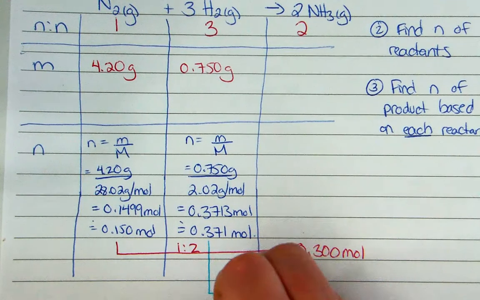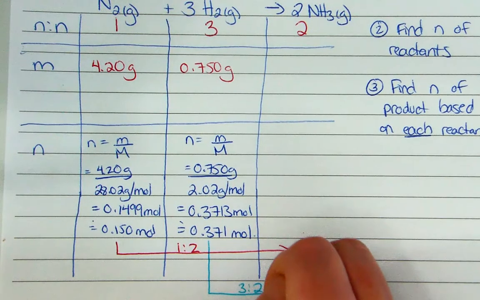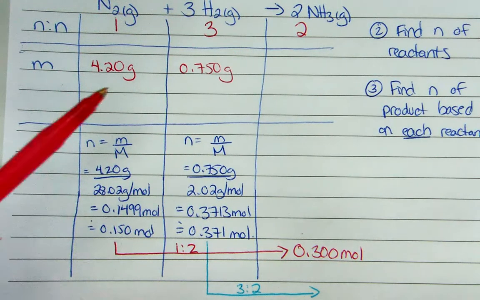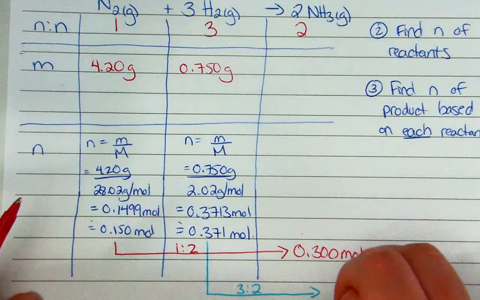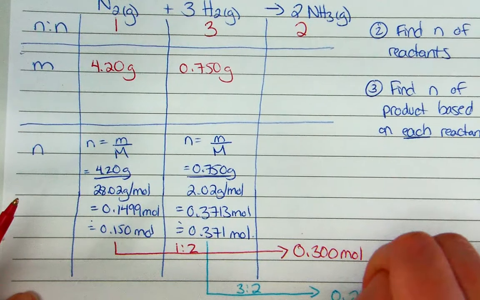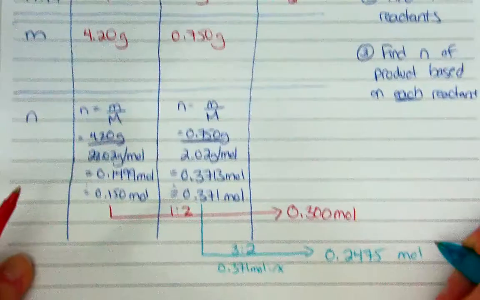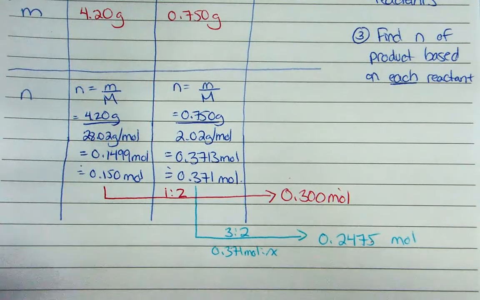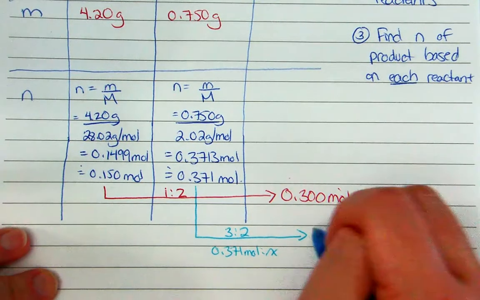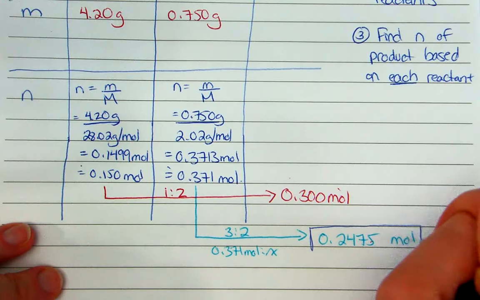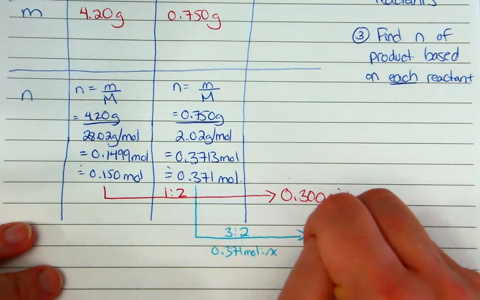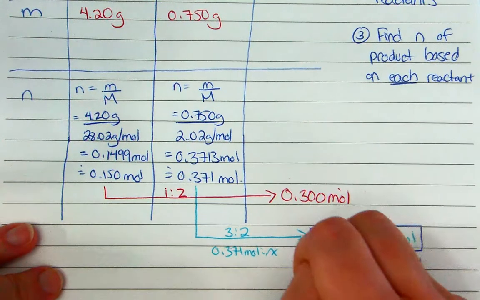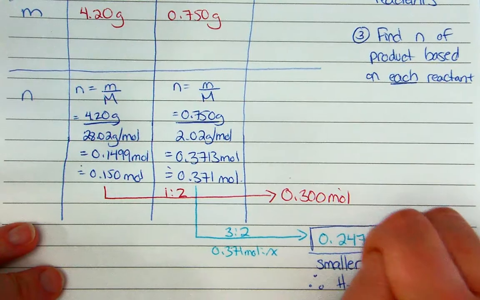So that would be 0.371 mole to X. And that would give us 0.2475 moles. So these are potential amounts of products. Okay, we can see right here, this is the smaller amount of product. So that means that hydrogen is the limiting reactant.